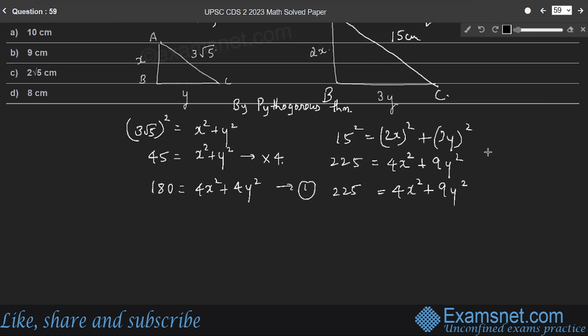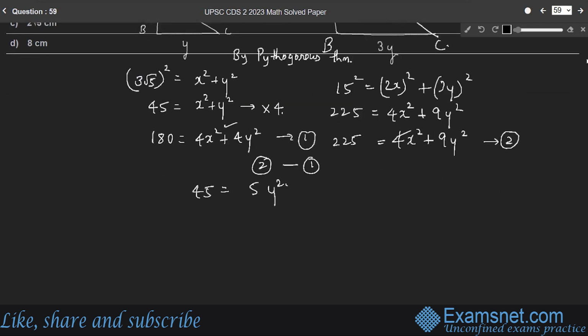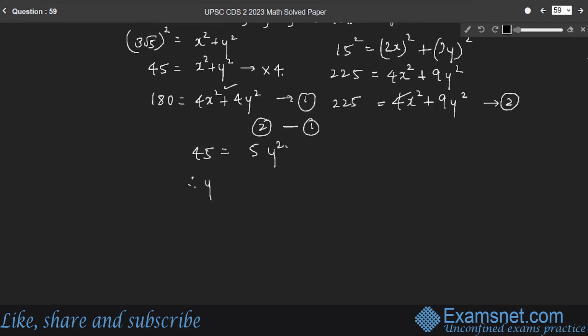Let it be equation 1 and equation 2. We subtract equation 1 from 2. 225 minus 180 is 45. The 4x square terms cancel, which is equal to 5y square, since 9y square minus 4y square is 5y square. Therefore y square is 45 by 5, which is 9.